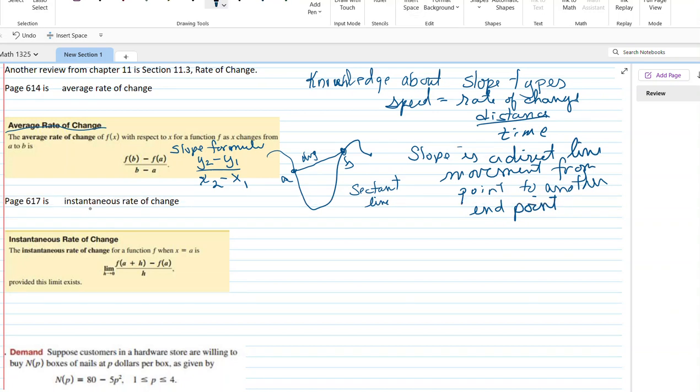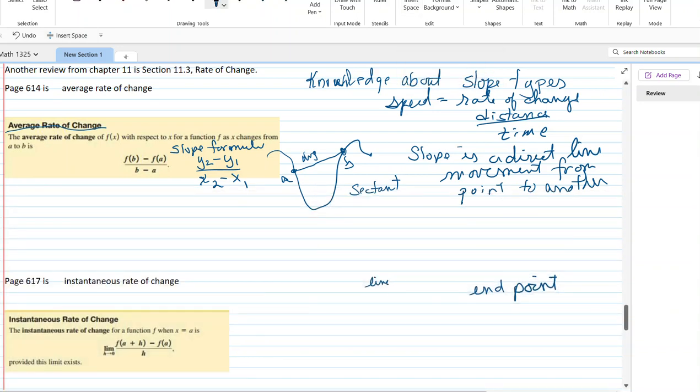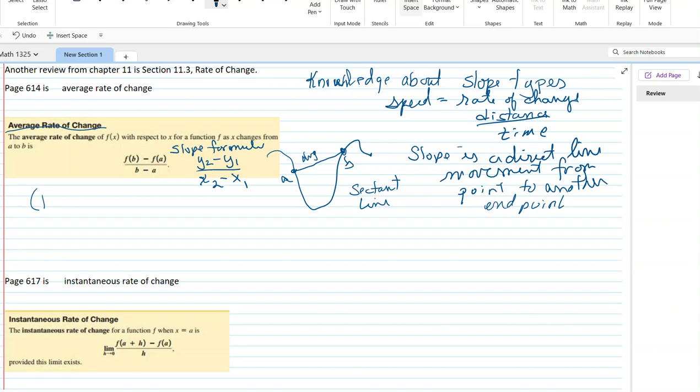So let me make some room. All right, so we know that the x value is b, and then the y value is f of b, and then the first point, the initial, is a and f of a.